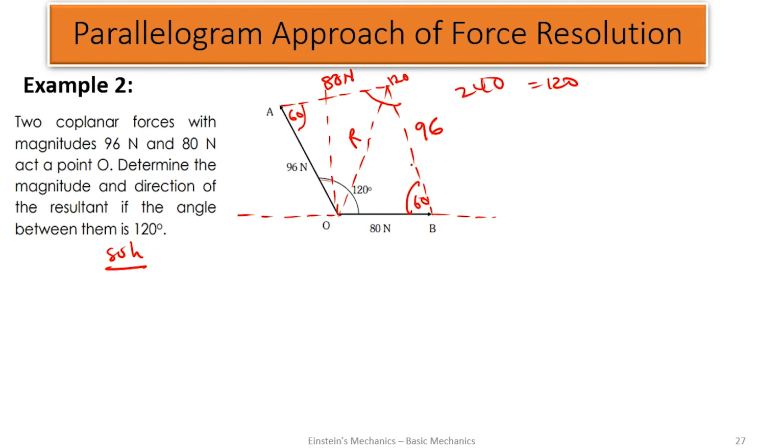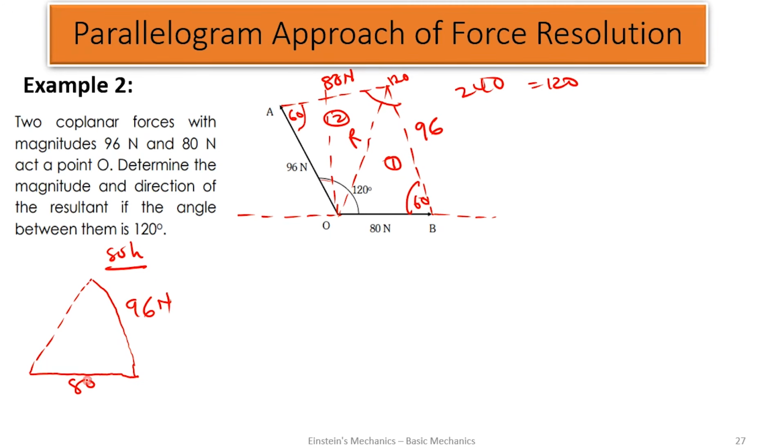So I'll take any side of the triangle. So this is the first triangle, this is the second, with respect to the resultant. So I'm taking this side, the first one. So I'm getting something like this. So this is the resultant, and I'm having the 96 force and the 80 Newton force, like this.